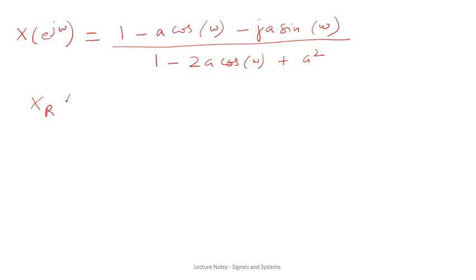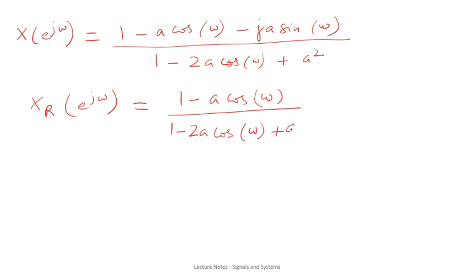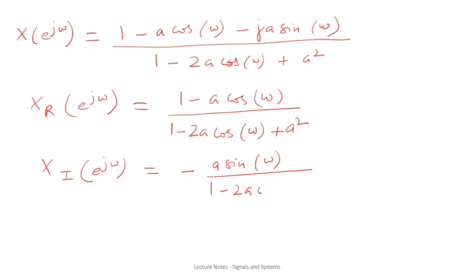The real part will be 1 minus a cos omega over 1 minus 2a cos omega plus a square, and the imaginary part will be minus a sin omega over 1 minus 2a cos omega plus a square. Okay, so this is the real part, this is the imaginary part.